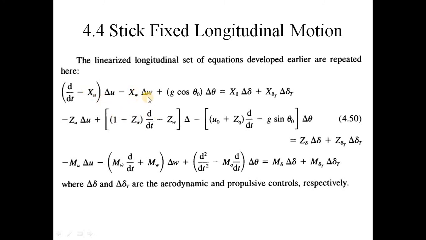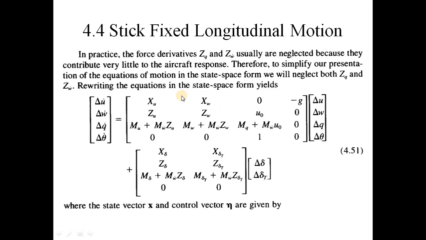XW delta W. Okay. Ini tak. Kenapa G je? Mana cosine ni? Sebab angle theta not ni kecil. So cosine yang theta kecil 1. So it simply kali dengan G je lah. Okay. Tapi kalau nak detail pun boleh. Sebenarnya nak letak lah. So then you have this not negative G but negative G cosine theta not. It doesn't matter. If you like it, why not?